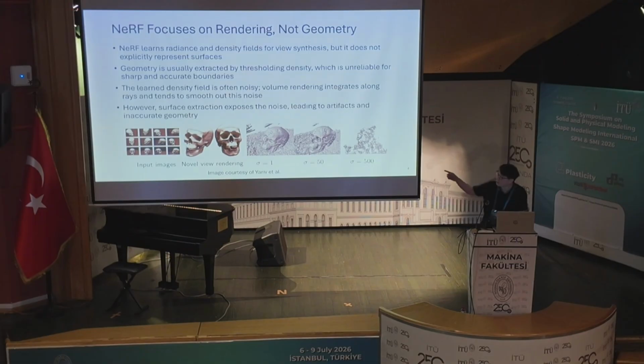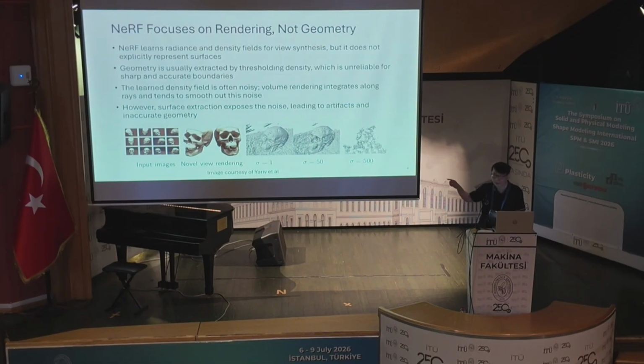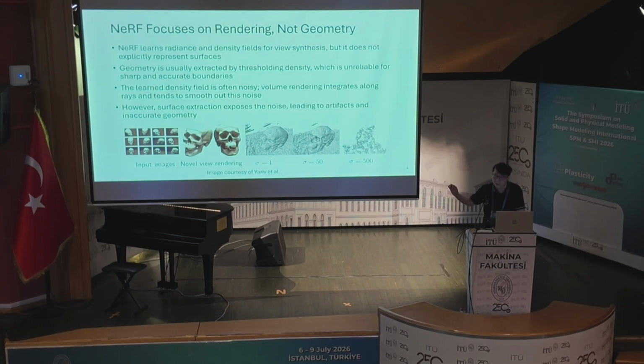So here, if you see this Zhao model from the famous DTU benchmark, you see that if we set the value of the density field, sigma equals 1, 50, and 500, none of the extracted surfaces represent a clean, high-quality geometry. And also, the density field is often very noisy.